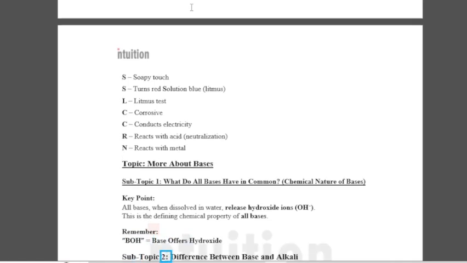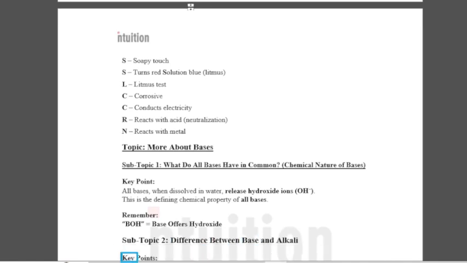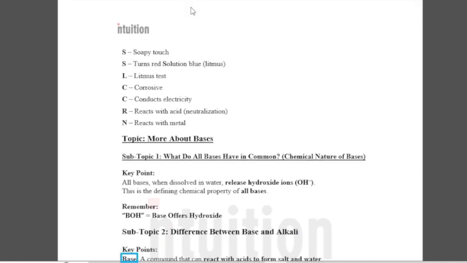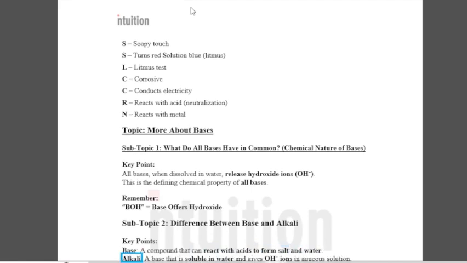Subtopic 2. Difference between base and alkali. Key points: a base is a compound that can react with acids to form salt and water. An alkali is a base that is soluble in water and gives OH- ions in aqueous solution.